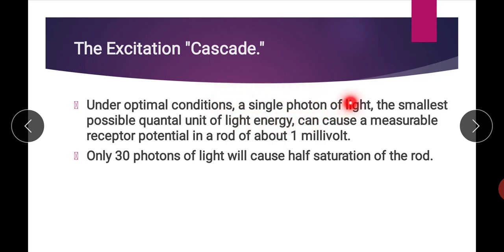Only 30 photons of light will cause half saturation of the rod. So 30 photons are enough to saturate half of the rods.